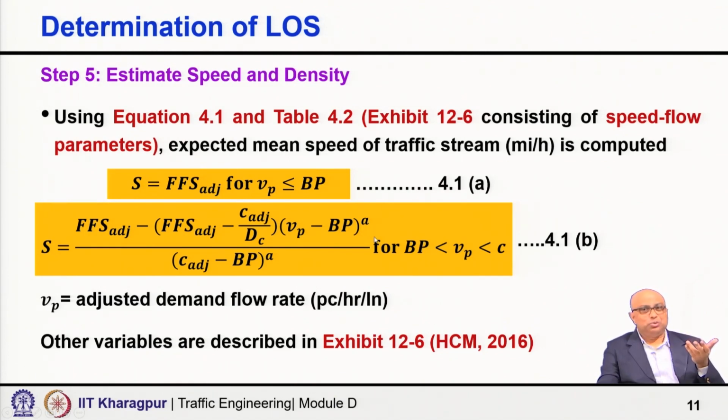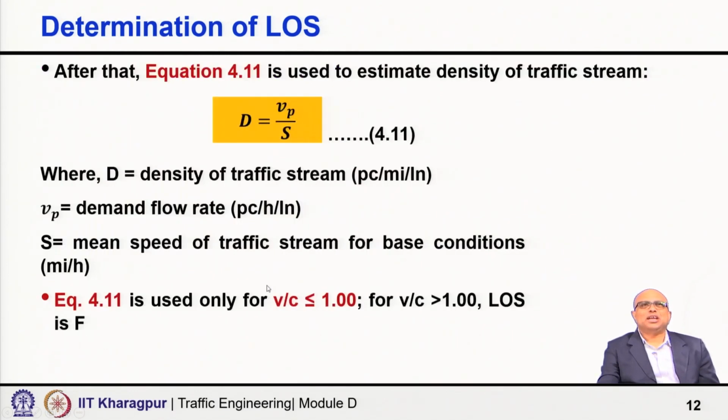So, you can go to the appropriate exhibit in the Highway Capacity Manual, and here, knowing the Vp, knowing the BP and the free flow speed adjusted, knowing the capacity, everything is known. So, we can calculate the density once the speed is known and the Vp is known.